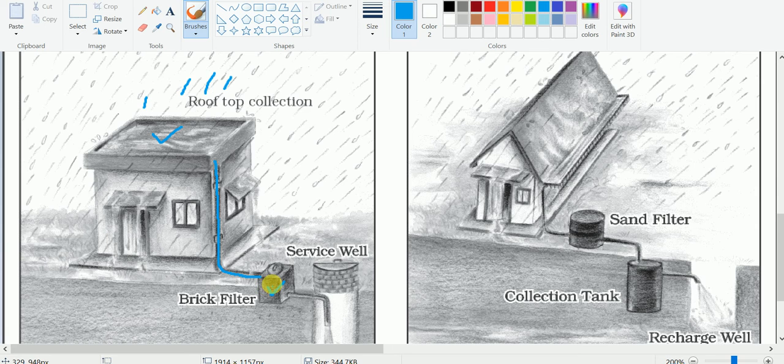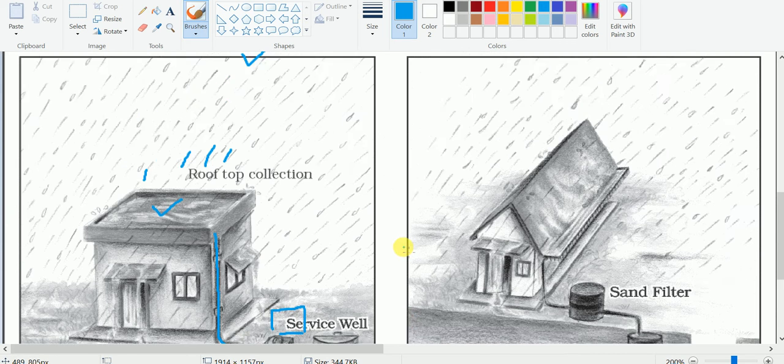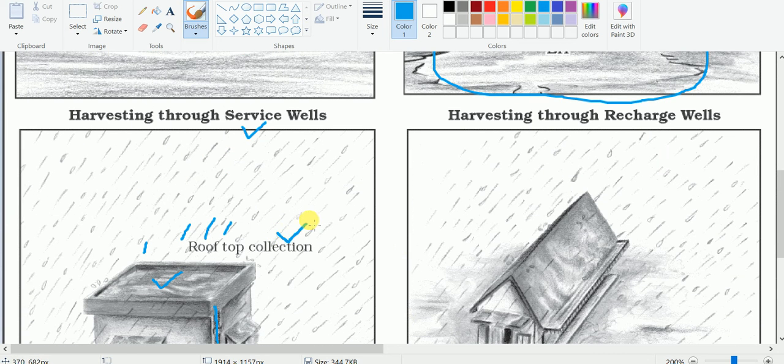It is filtered, and after that we may store the rainwater in a tank here also for daily use, or we may recharge the excess water in the service well, so that it may go down to the aquifer. So this is one of the techniques of rainwater harvesting known as rooftop rainwater harvesting.